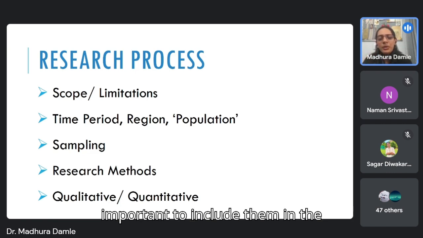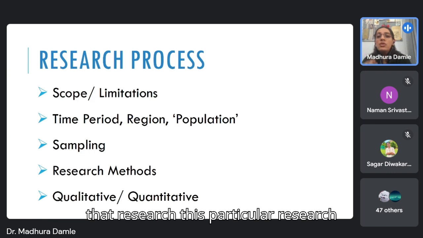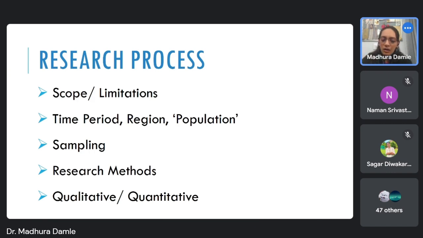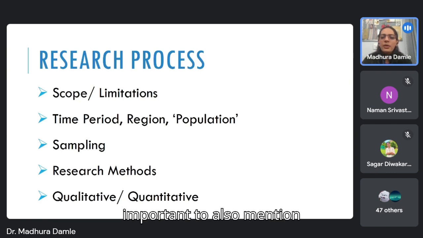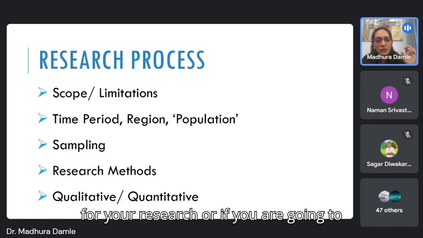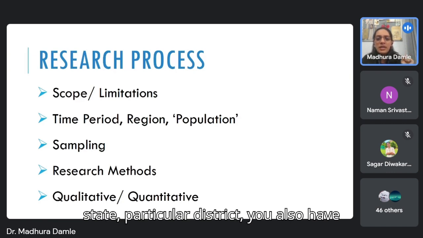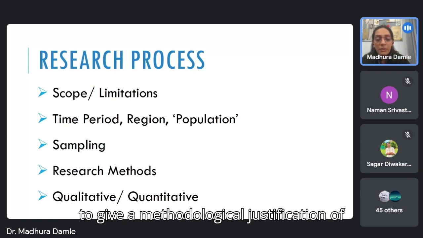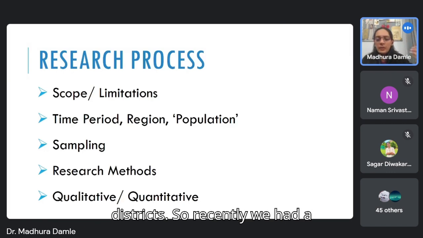So it is important to include them in the methodology part, that this is something that this particular research could not do. While narrowing down the research, it is important to also mention the time period, if there is any time period for your research work. If you are going to focus on a particular region, particular state, particular district, you also have to give a methodological justification of that. You can't randomly select two districts.